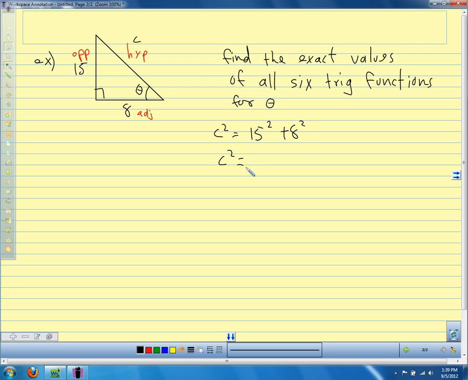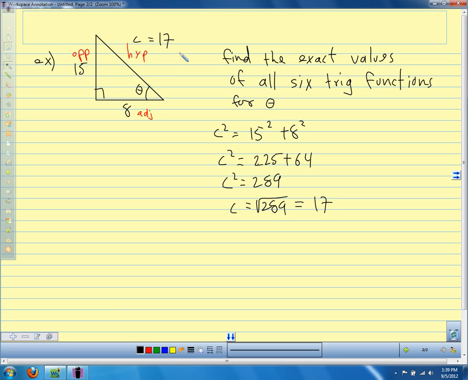So c squared is 225 plus 64. So c squared is 289. And c is the square root of 289, which for this particular problem turns out nice. Turns out to be 17. So the hypotenuse is 17 units.